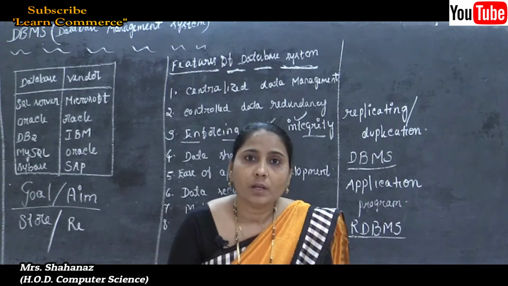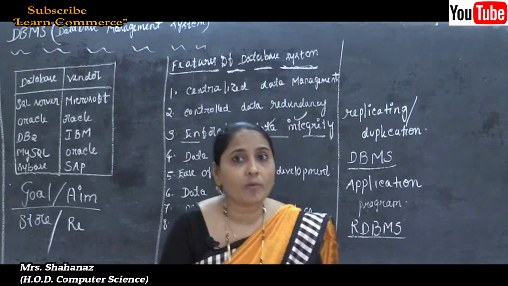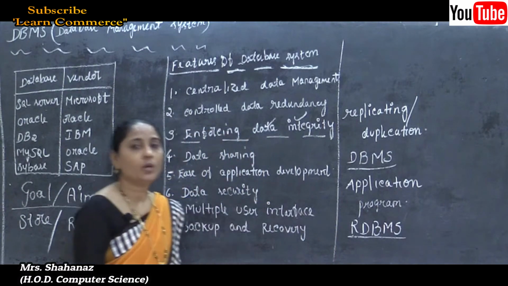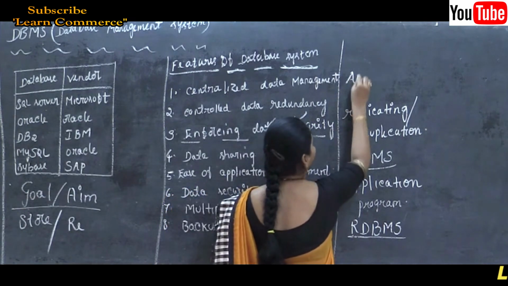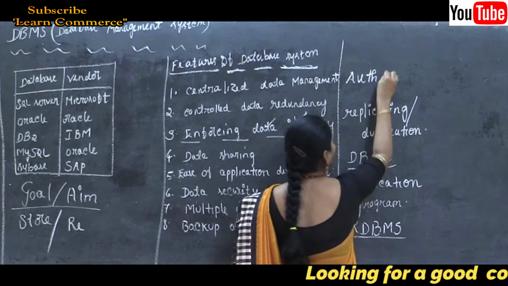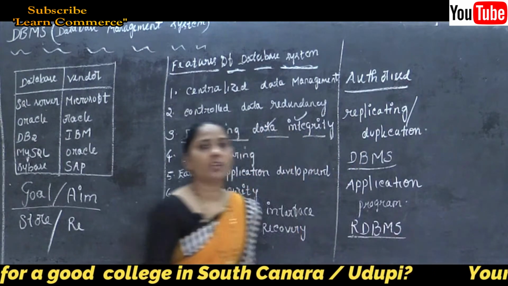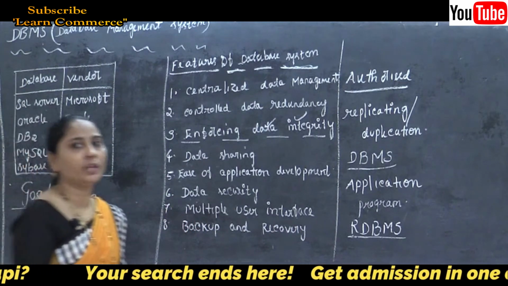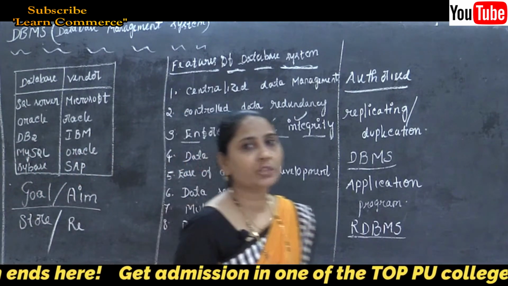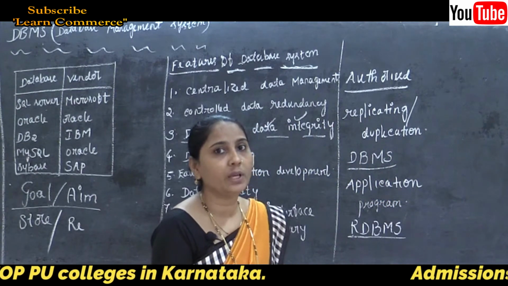Why? Because the RDBMS ensures that the only means of access to the database is through an authorized channel. Clear this point here? What do you mean by an authorized channel? That means only the authorized user accesses the data of the database. So this is the first and most important rule of the database.